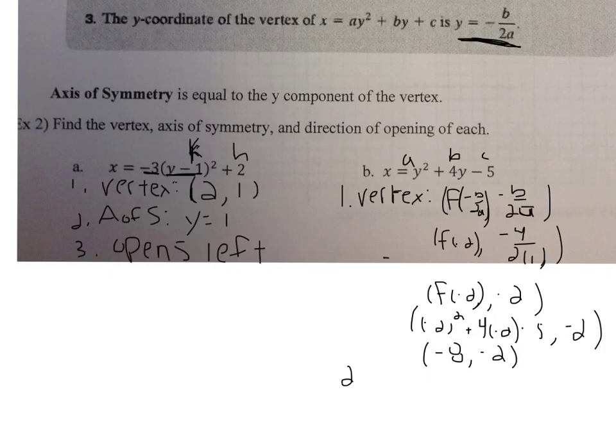The second thing, axis of symmetry. Axis of symmetry is just the y component of the vertex, which is negative 2. So y equals negative 2. And we know it's the y component because x starts us out, and so it's going to open to the right because a is positive.